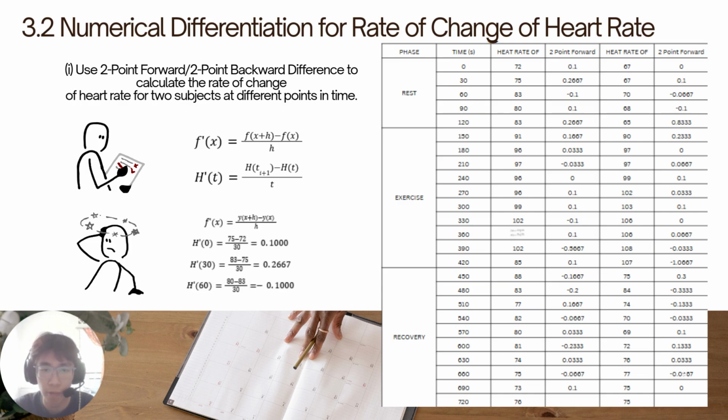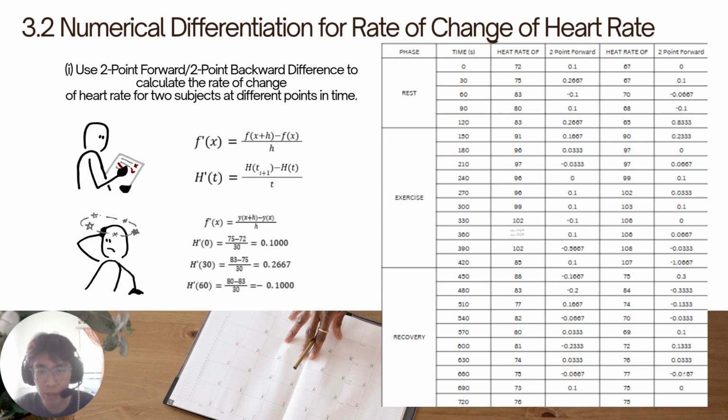We simplify the equation into the heart rate equation: the difference of H at time t equals H(t+1) minus H(t), over t, where t is every 30 seconds.